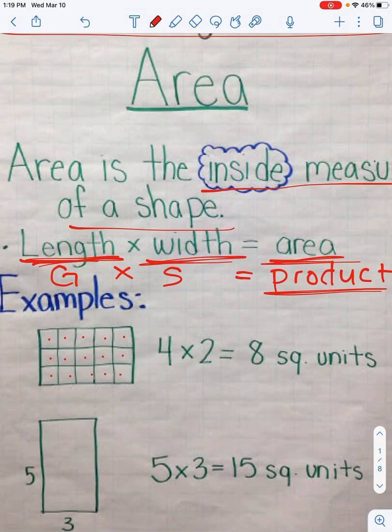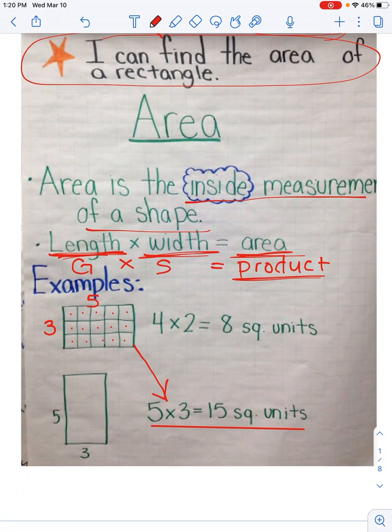And I can find that my answer should be 15, which would be this one right here. Or I could see that it has 3 as its length and 5 as its width, meaning if I did 3 times 5, I would get 15.